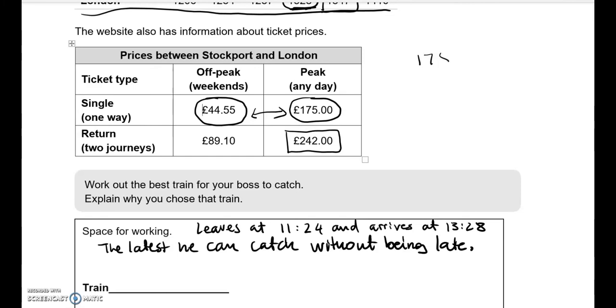So 175 add 44.55 so £219.55, which is cheaper than this one.